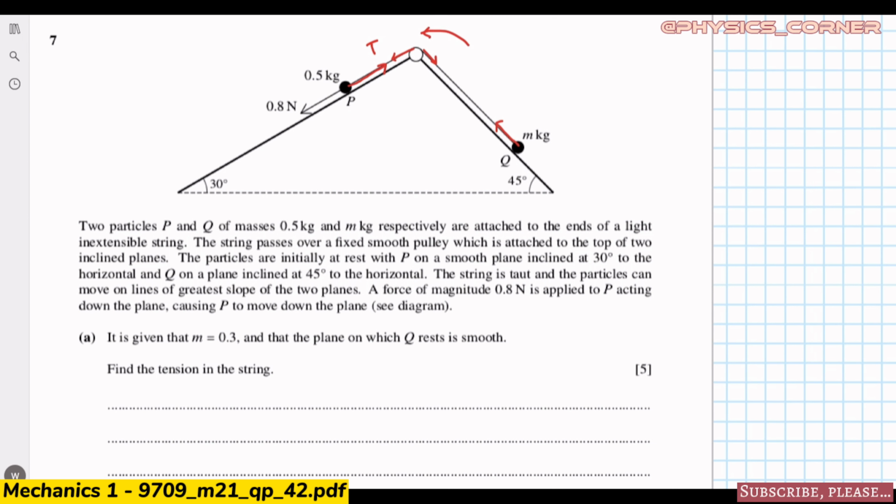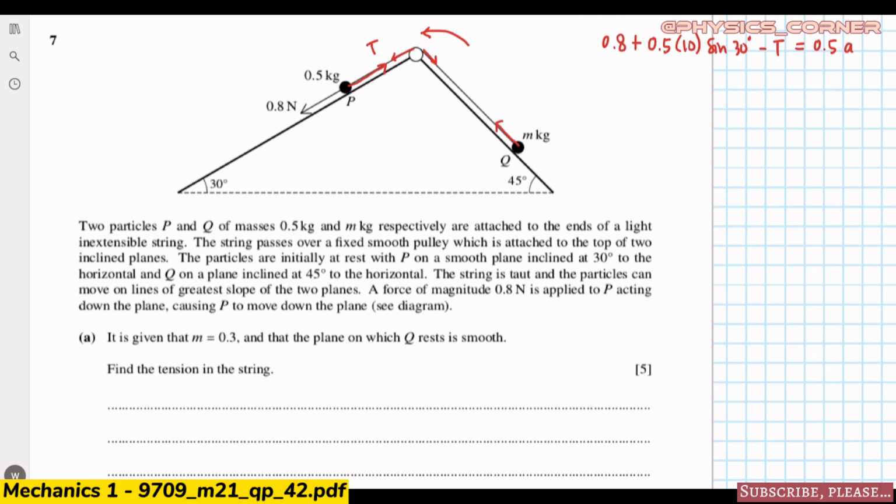As the movement of this object is going left, so we have 0.8 plus 0.5 g sine 30, minus tension force equals to ma, 0.5 a.